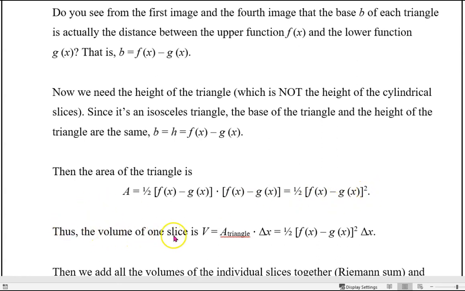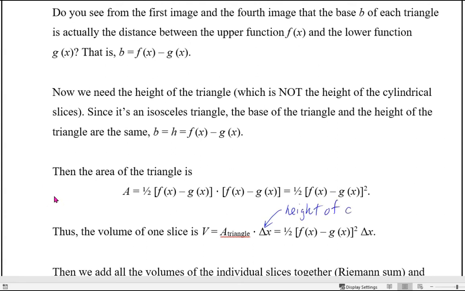This means the volume of one slice is the area of the triangle times the differential delta x. Remember that delta x is, in fact, the height of our cylinder. This delta x right here is the height of the cylinder.